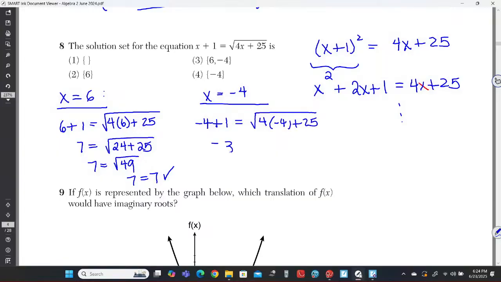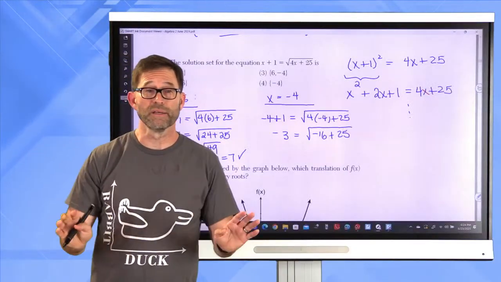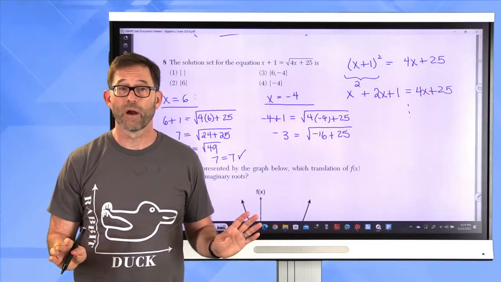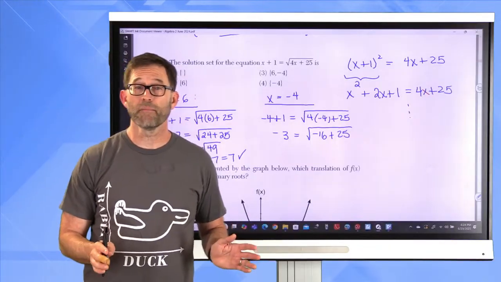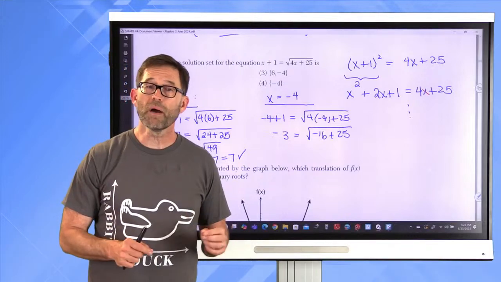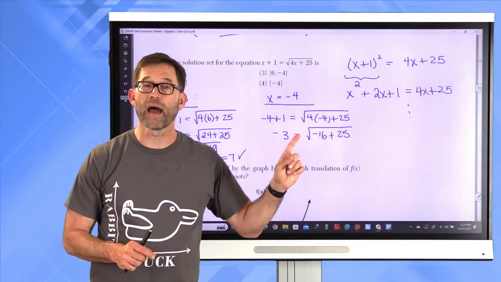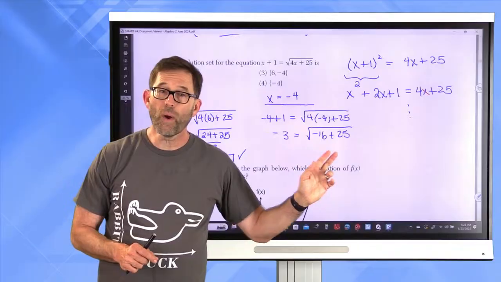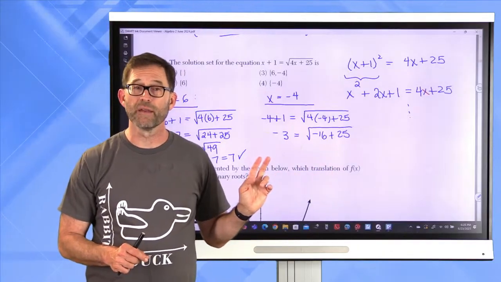That's going to be negative 3 is equal to the square root of negative 16 plus 25. And what I would really love is at this point, you just immediately say, nope, that can't be right. And by the way, the reason that can't be right is that this is a positive square root on this side. What I mean by that is there's no negative sitting out in front of it, so there is no way that this can result in a negative 3.